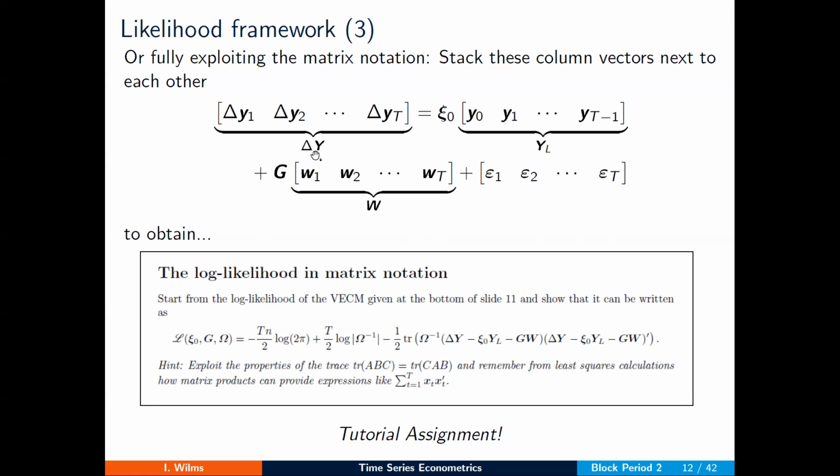Now we still explain the lagged differences based on the lagged values of the series in levels. Again, the matrix YL stacks all of the different time points in the columns. And then these lagged differences are collected in the matrix W. In your tutorial, you will verify that the log likelihood can then be expressed in this compact matrix notation through this equation over here.